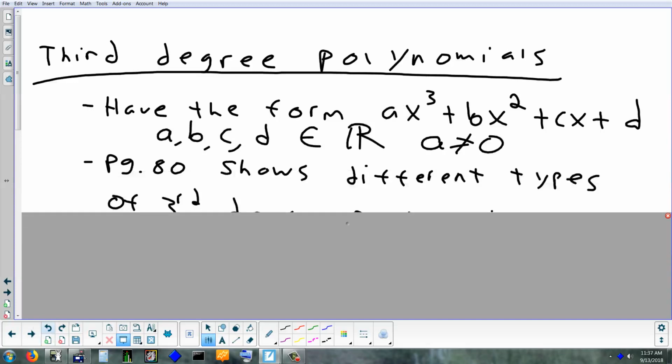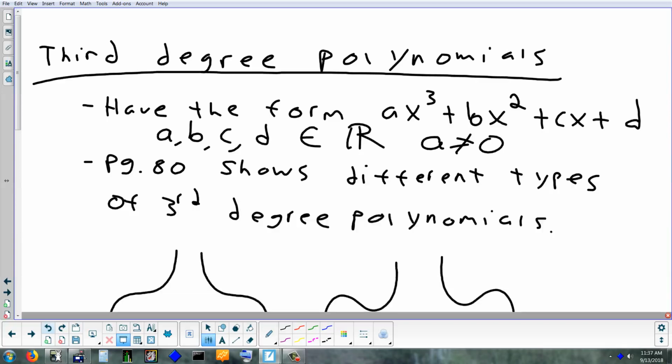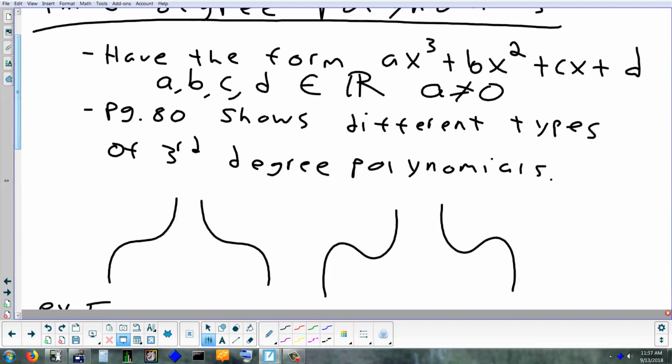Okay, I've already shown you some of the different types. I just did that on the other page. It can cross 3 times, 2 times, 1 time. Other than what I showed you, it can curve the other way. So instead of going down on the left and up on the right, it could go like that. It's kind of like a mirror image.